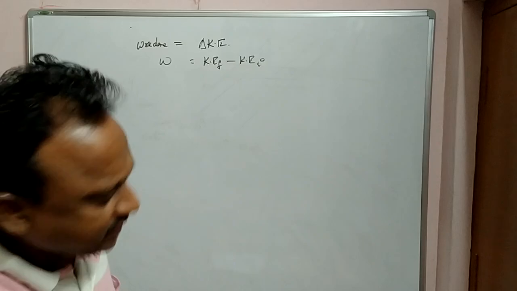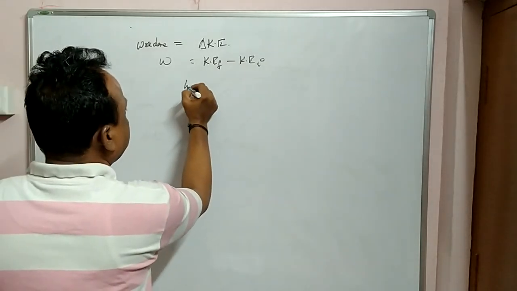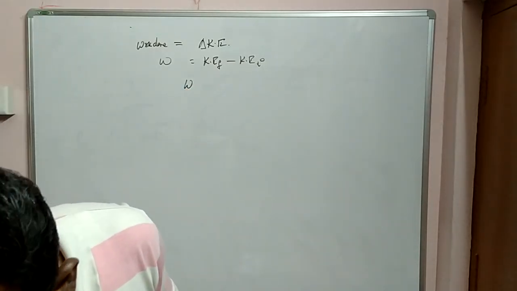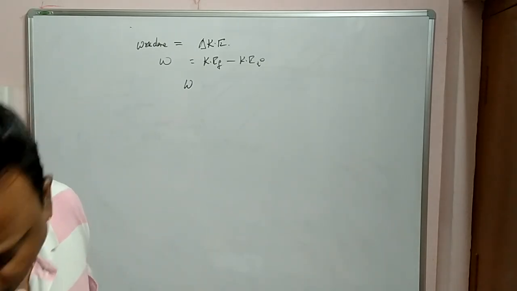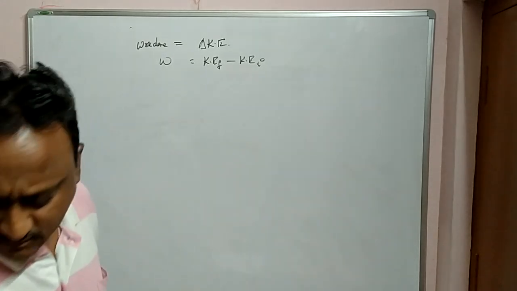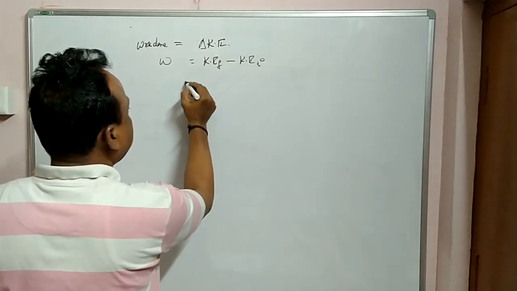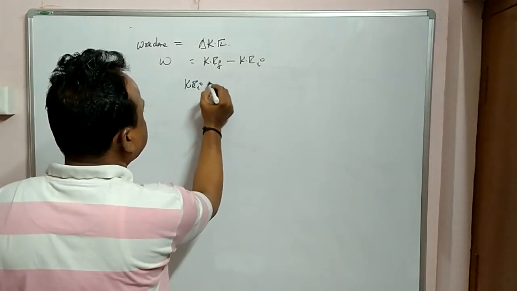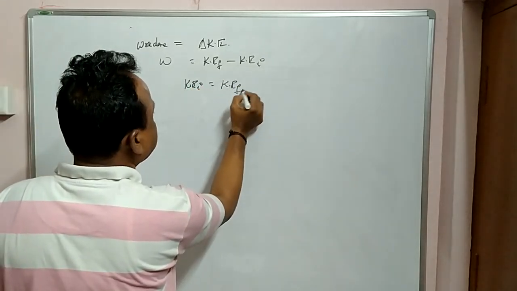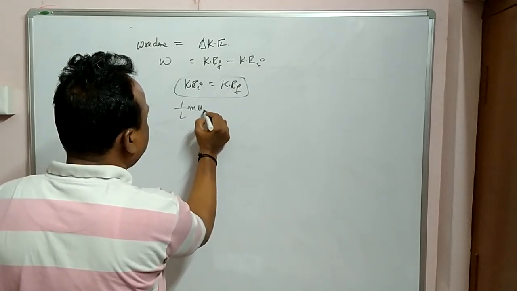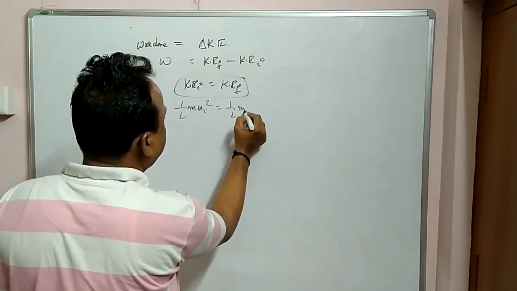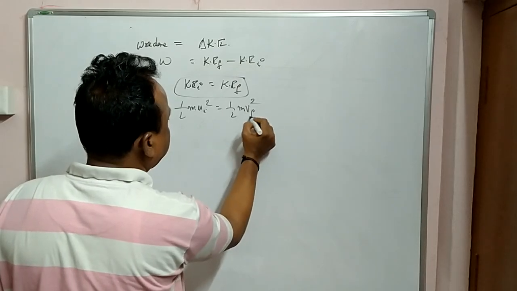Here, the initial kinetic energy is equal to the final kinetic energy. That means half m u square initial is equal to half m v square final.